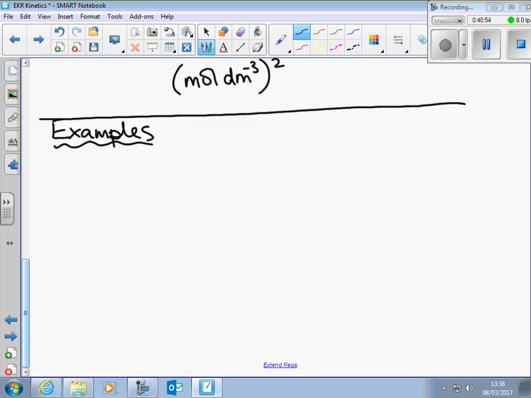Right, so if we've got a rate equation, I'm just literally using the ones I've got on the sheet in front of me, where rate equals k times the concentration of A to the power 1, what are the units of k?